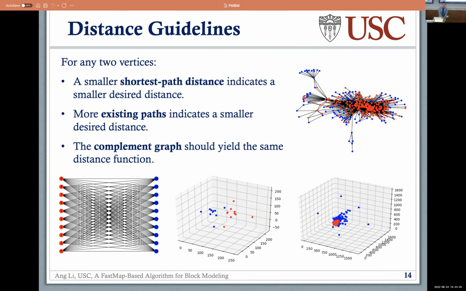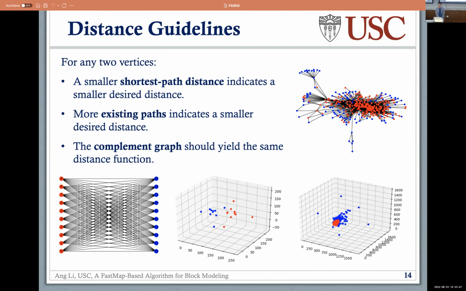Second, if there are more existing paths between the two vertices, then we also want the desired distance to be smaller. And third, we want the complement graph to yield the same distance function. This is for the unweighted graph, because in an unweighted graph, the same relationship between vertices should be able to be encoded either as non-edges or edges.